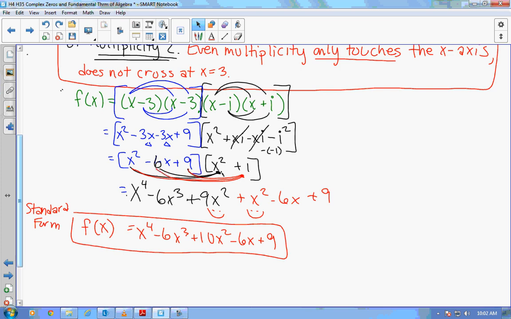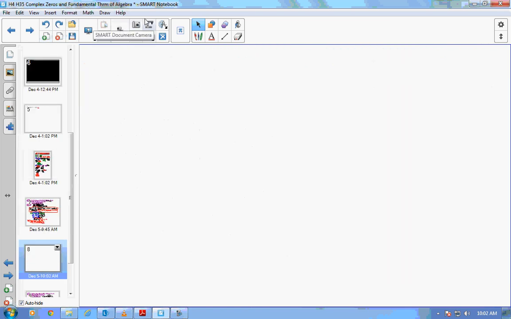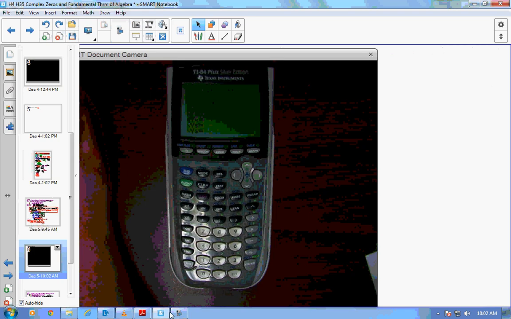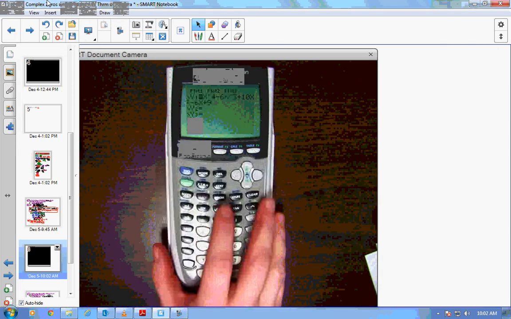X to the fourth power minus 6x cubed plus 10x squared minus 6x plus 9. Alrighty, that's in y equals.